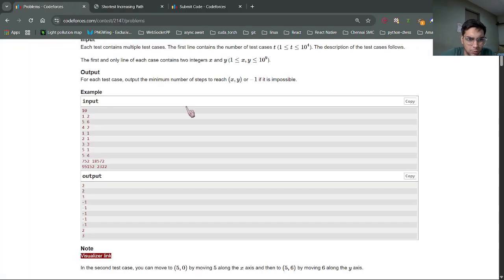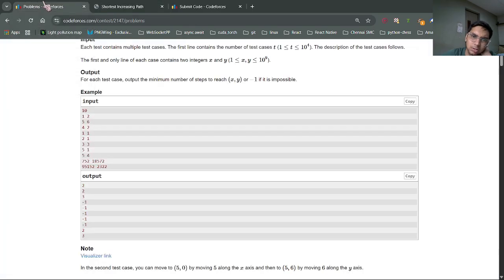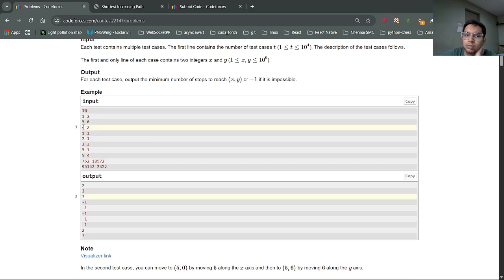So yeah, what we have talked about is the minimum number of steps, right? First of all, when it is not possible, okay. So when it is not possible, then we need to.